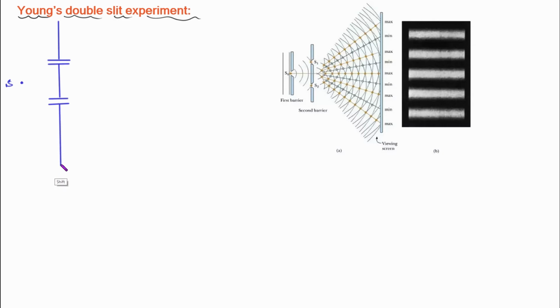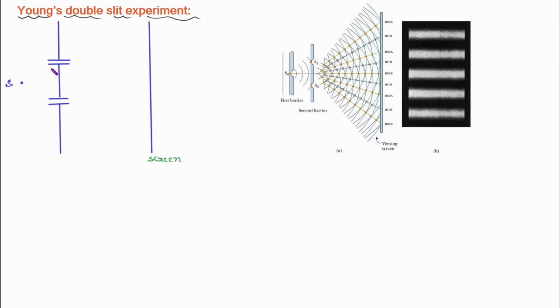As a result, the waves which emerge out of these slits will have the same phase difference. So here I'll place a screen. Fine. This point is where we place the slits, and this point is the screen.